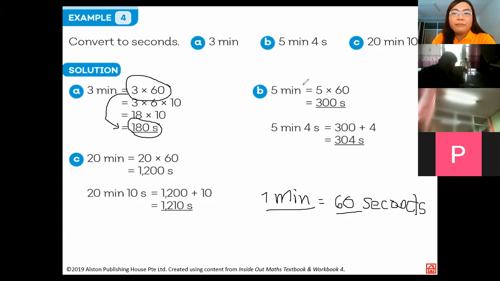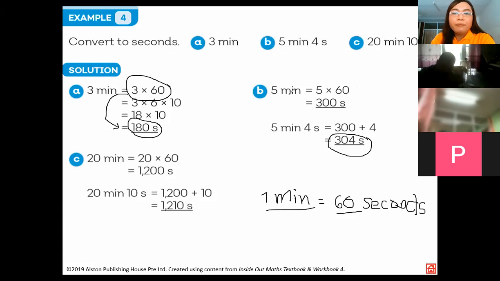Okay. All right, now let's proceed to letter B. 5 minutes and 4 seconds. So we will convert this into seconds. So here, 5 multiplied by 60, that's 300. And then you just have to add 4 seconds. So that's 300 plus 4 is equivalent to 304 seconds.